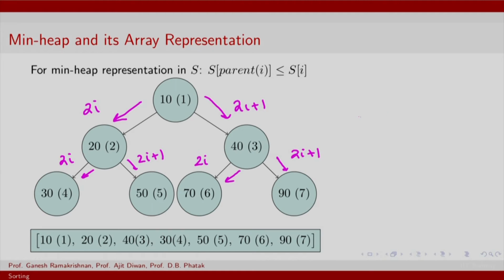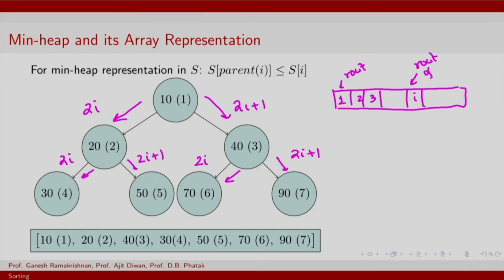So the basic idea is as follows. The root of the entire tree will be at the first position, position 1. Its children will be at positions 2 and 3, and in general for an element with index i, which is basically the root of some subtree, its immediate children will be at positions 2i and 2i plus 1.